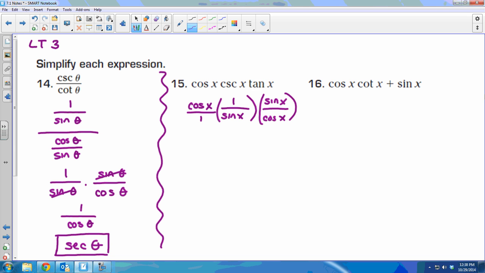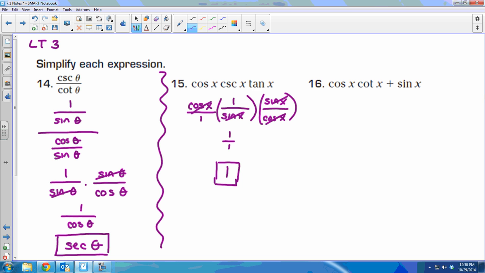We're just simplifying the expression. So sine x cancels out, the cosine x's cancel out, so you get 1 over 1, which is just 1.